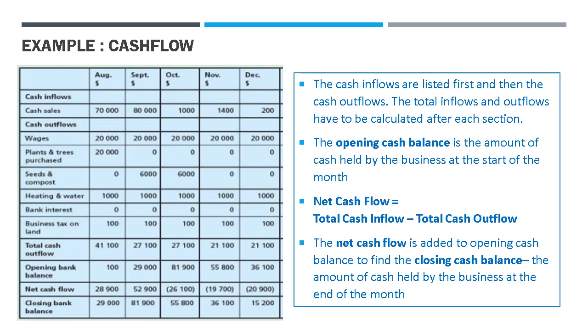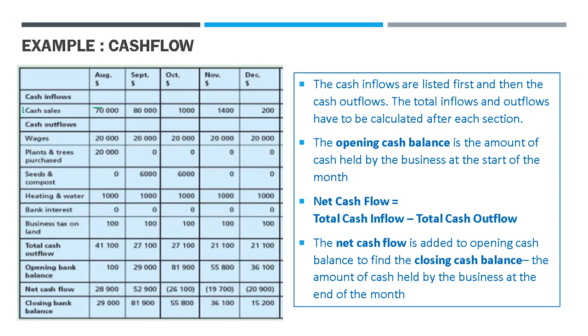So this is the cash sales, which are also known as the sales revenue here, which is $70,000. And then the cash outflows, which are the expenses of the business.